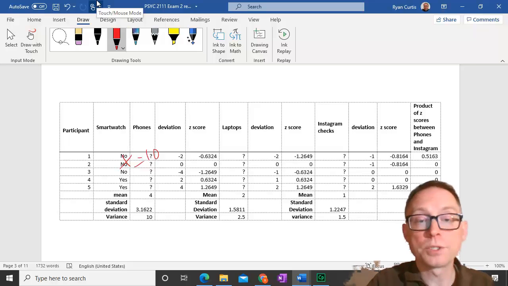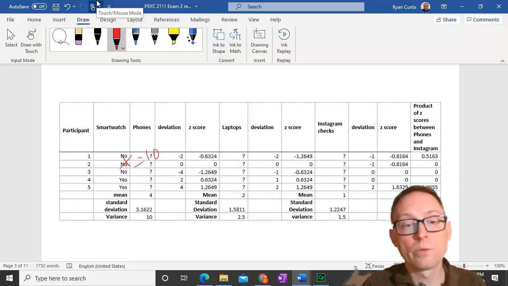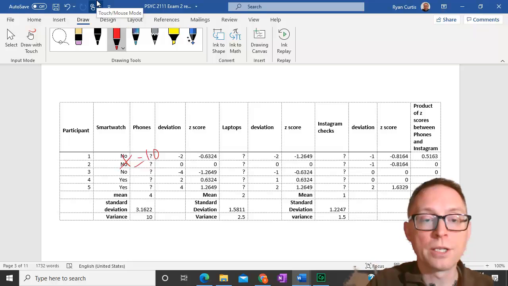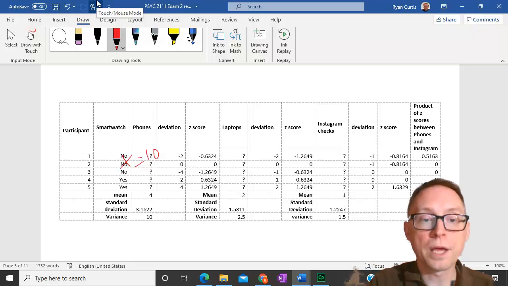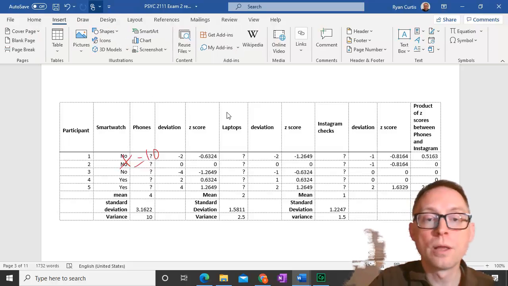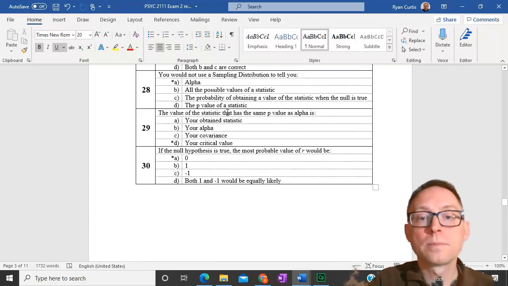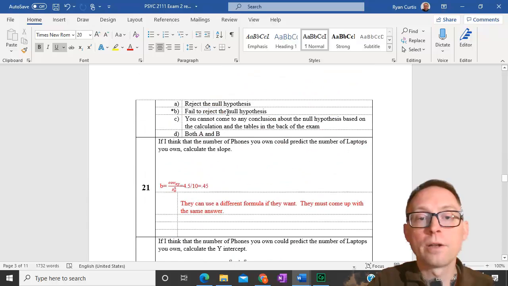Z is x minus x bar over the standard deviation. So I need to do 10 minus the mean, which is 4. So 10 minus 4 is 6, over the standard deviation, which is 3.1622.